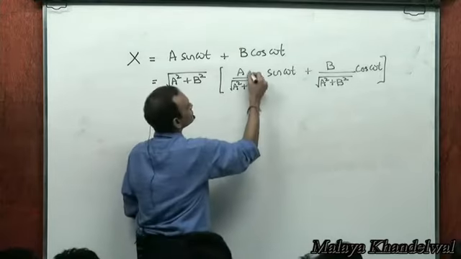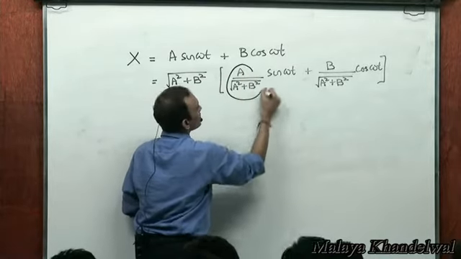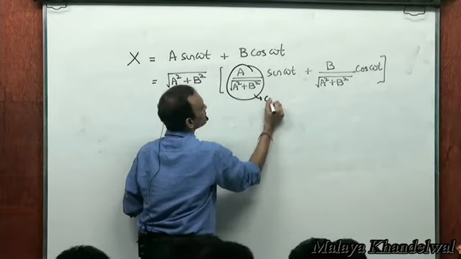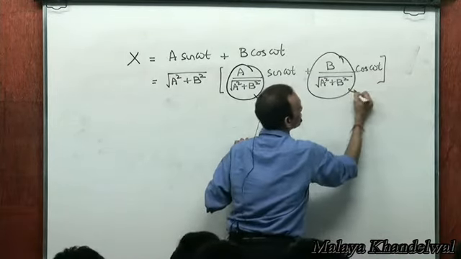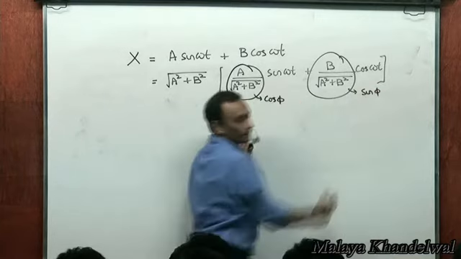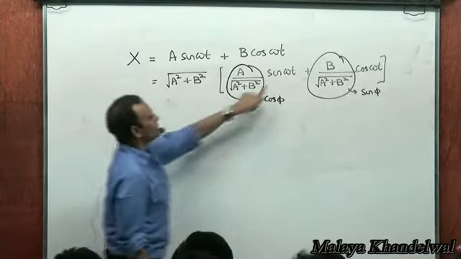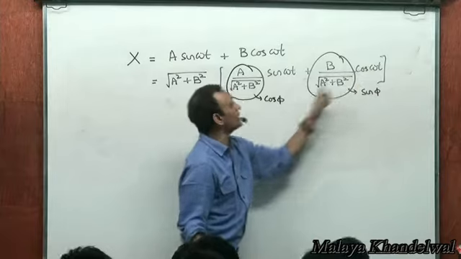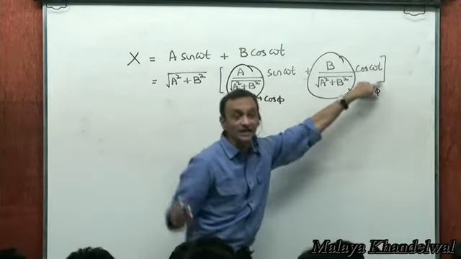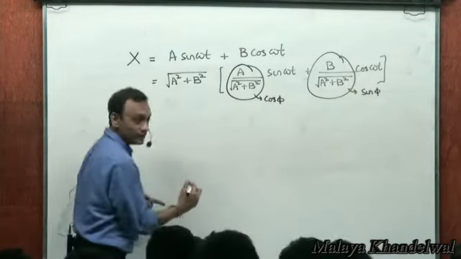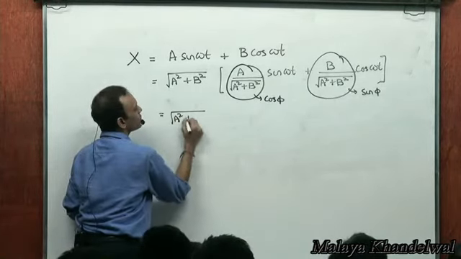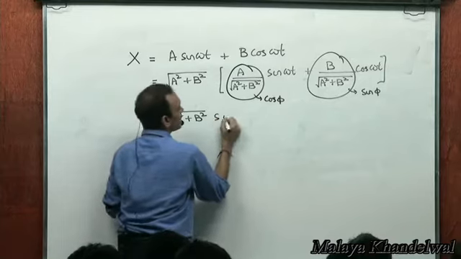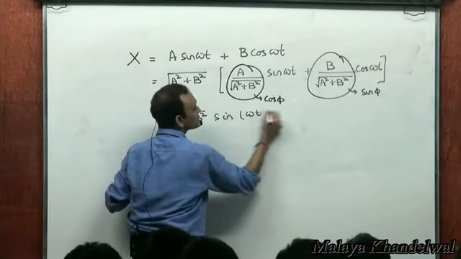Now suppose you chose to call this cos phi and you chose to call this sin phi. So this would be sin a cos b plus sin b cos a, sin(a plus b), right? So this is like root a squared plus b squared sin(omega t plus phi).